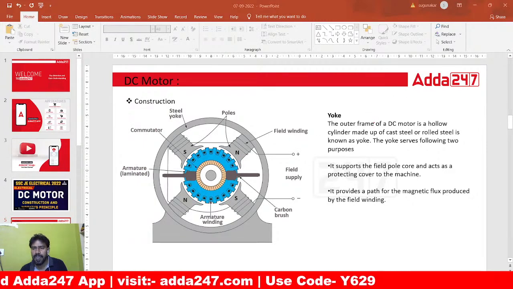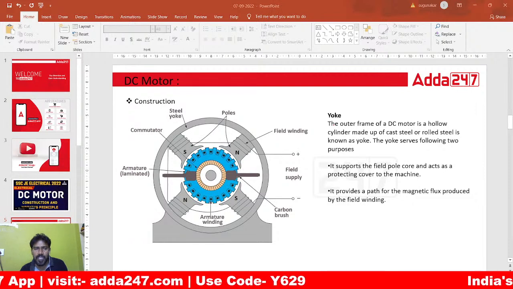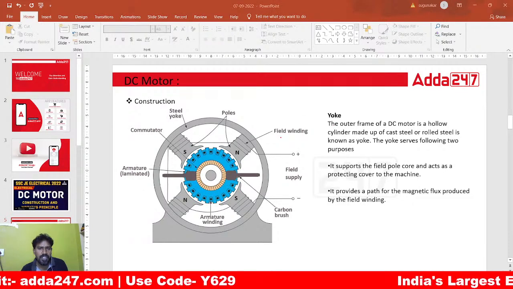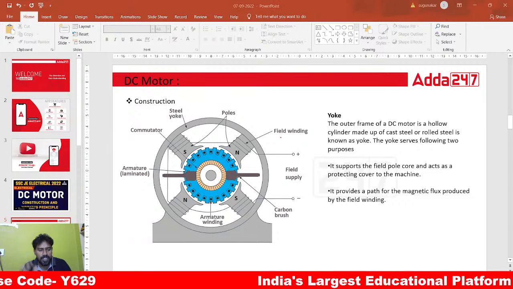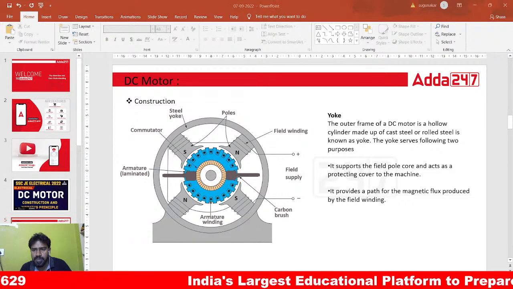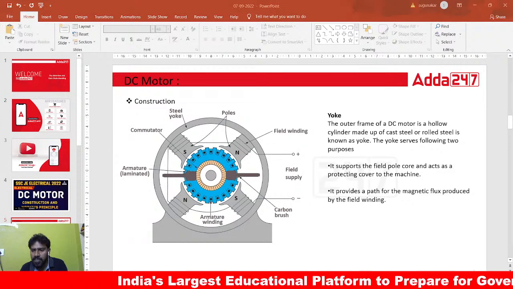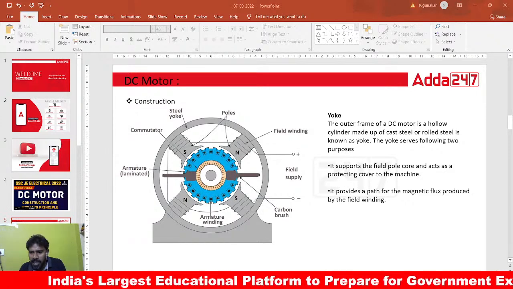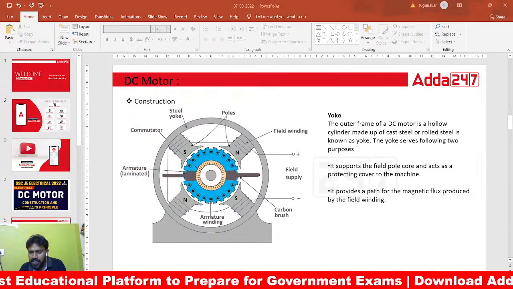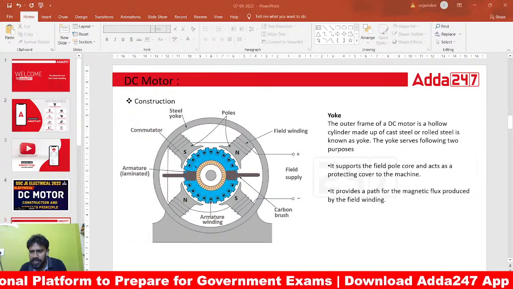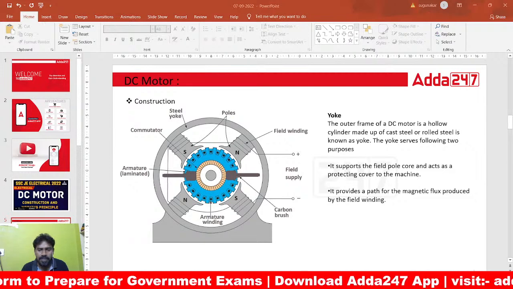Sometimes they will ask the question, what is the outer layer of the DC motor? Can anyone tell the answer?